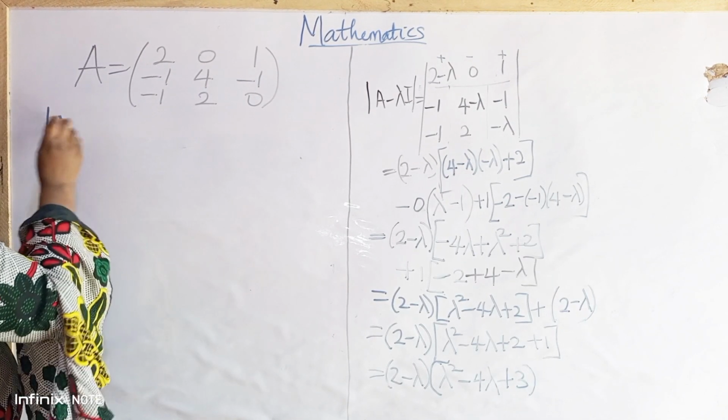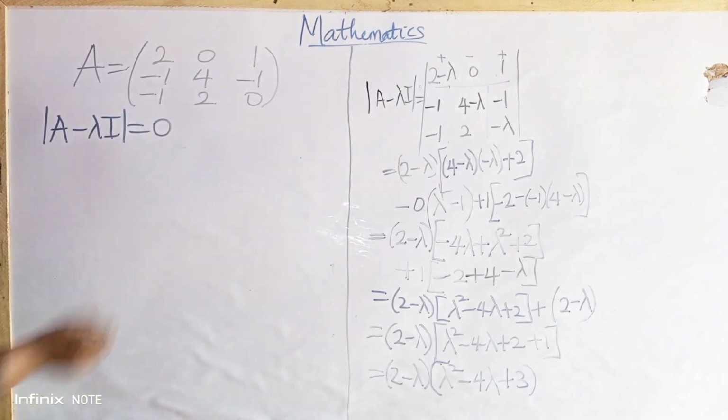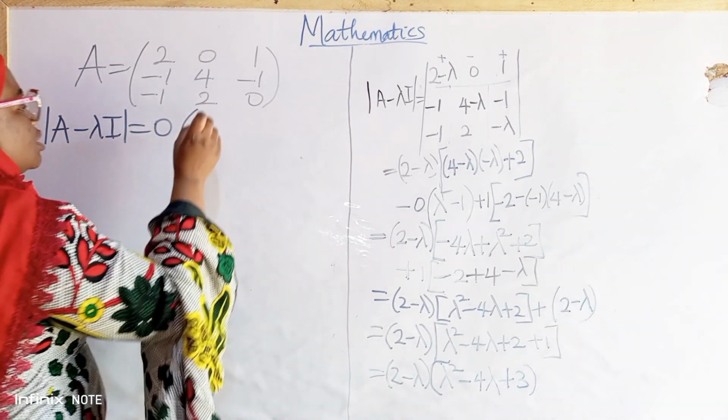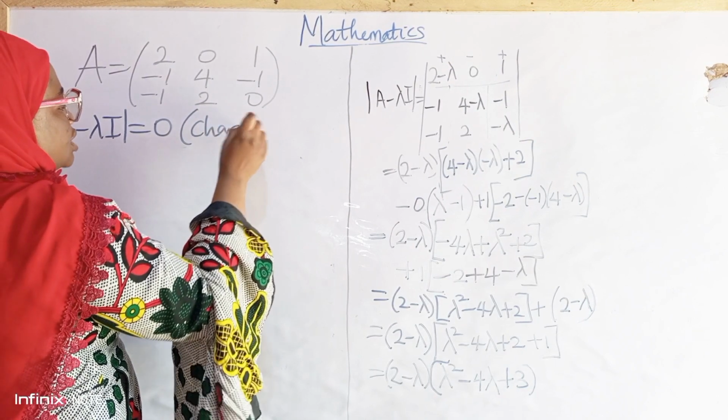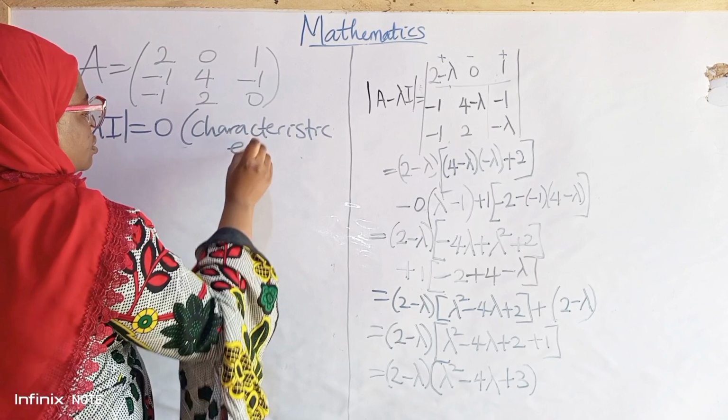Now, the determinant of A minus lambda I, let's equate it to 0. That is what we call the characteristic equation.